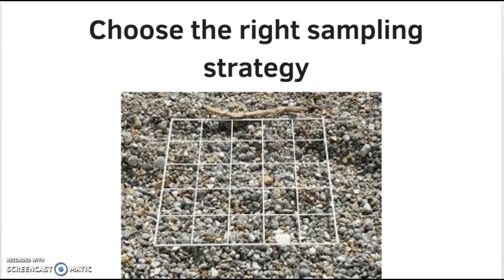To carry out the sampling, you need to collect sediment samples from different sites along the beach. Again, you would need to decide on the right sampling strategy, and we're going to look at how you choose that later, but it could be, for example, that you sampled sediment size and shape at each of the measuring points along the beach profiles that you took.